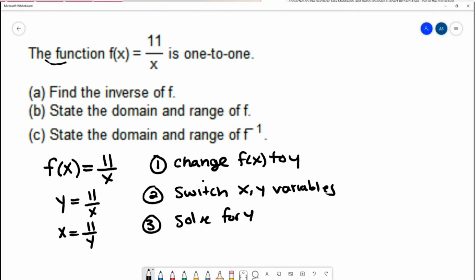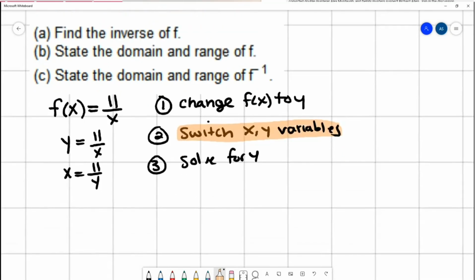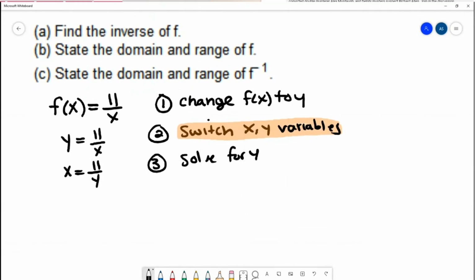Rewrite the equation so that we have y equals. Now this step right here is essential to creating the inverse. Inverses have the x's and y's switched, so by us switching the x and y in our equation, that's what creates the inverse. So I'm going to solve for y.